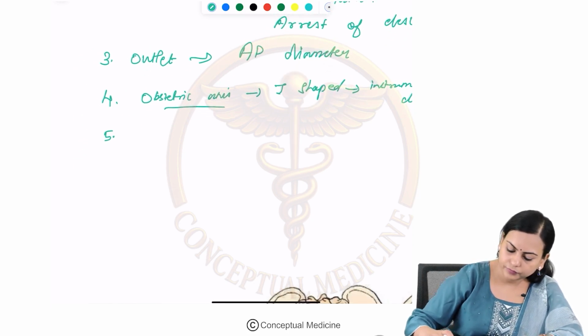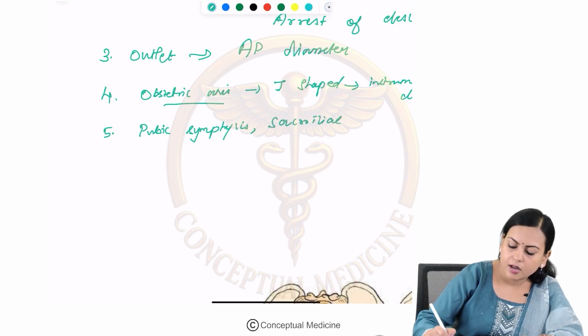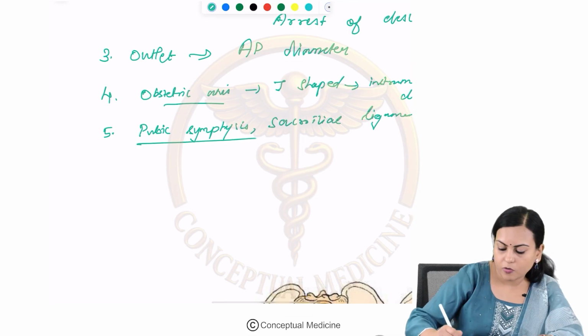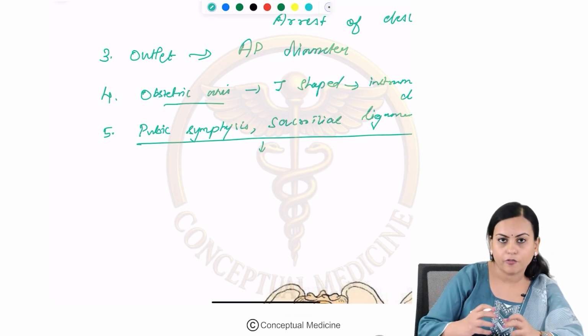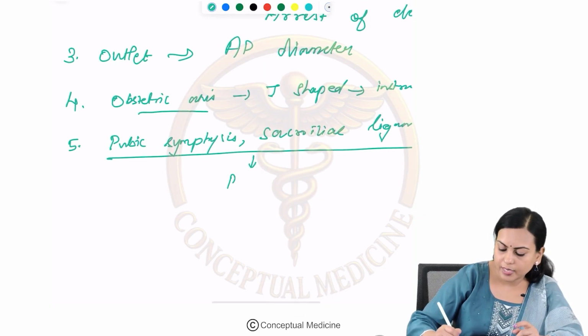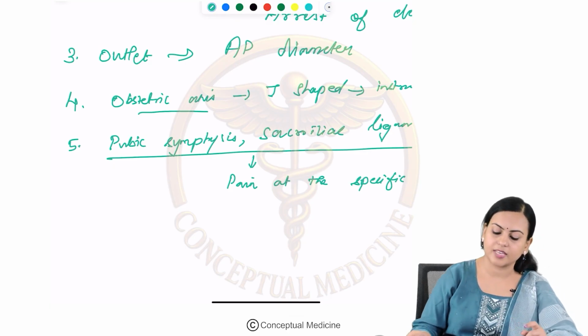Then, the pubic symphysis or the sacroiliac joints, ligaments, everything will undergo some kind of expansion. The pelvis expands during pregnancy, right? So, at that time, there can be pain at a specific site. Yes.